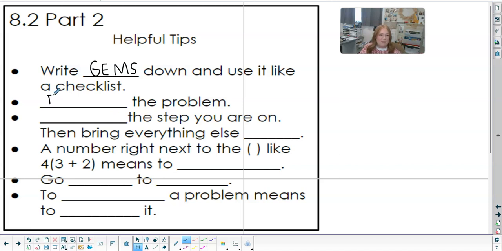Hey, we need to remember to funnel the problem. So your problem should be getting shorter and shorter each time because you're leaving out the thing that you just did. And how do we know what we just did? Well, we want to make sure we circle or box or underline something to mark the step that we're on.